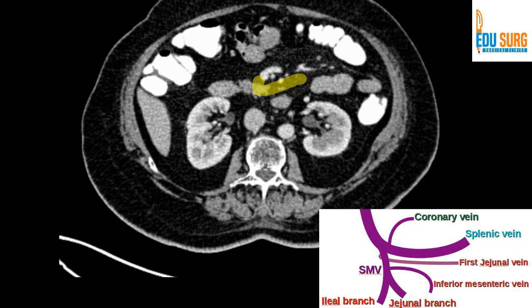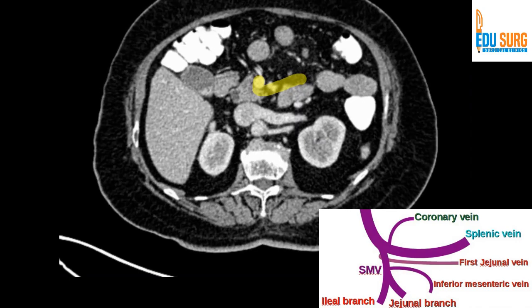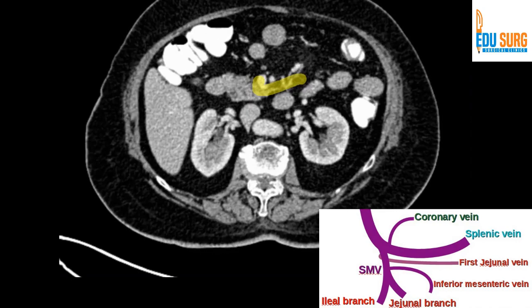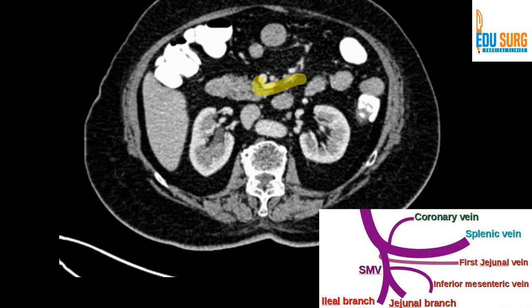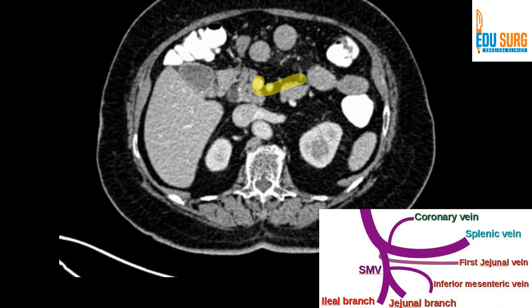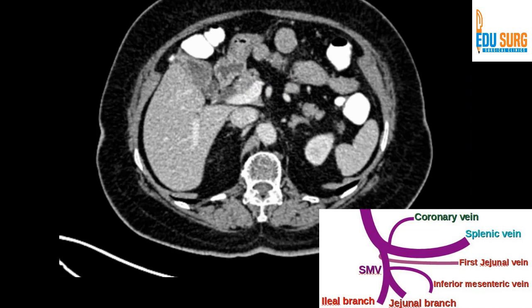This is how it goes. It arises from the right wall of the SMV and goes towards the left and supplies the earlier parts of the jejunum. Very important branch to identify in this area, right?